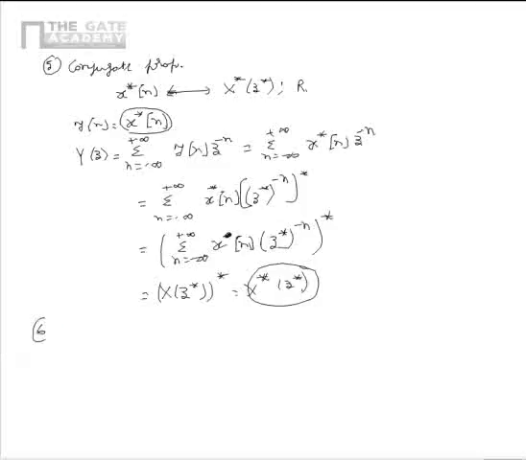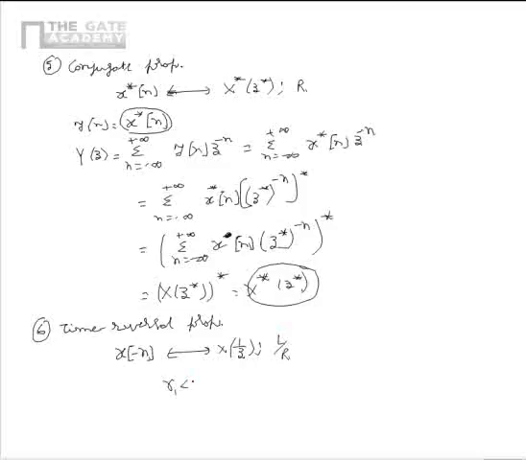Now let us look into another property of z transforms, that is time reversal property. As per this, the z transform of the signal x of minus n is given as x of 1 by z, with ROC being 1 by r.